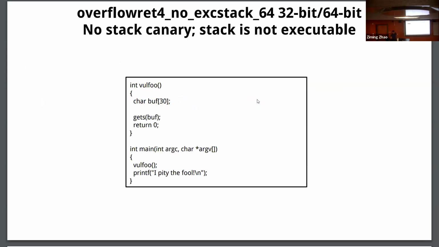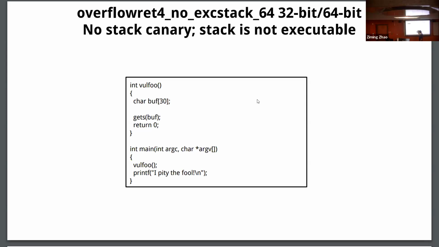Let's look at this example. This is overflow return 4. You have been hacking this for a while. This one, the stack is not executable. However, there's no stack canary. The buffer is 30 bytes here, that's big enough.